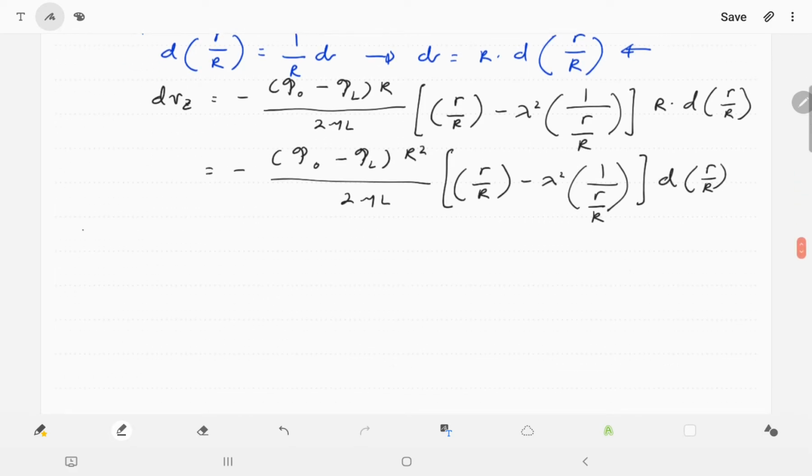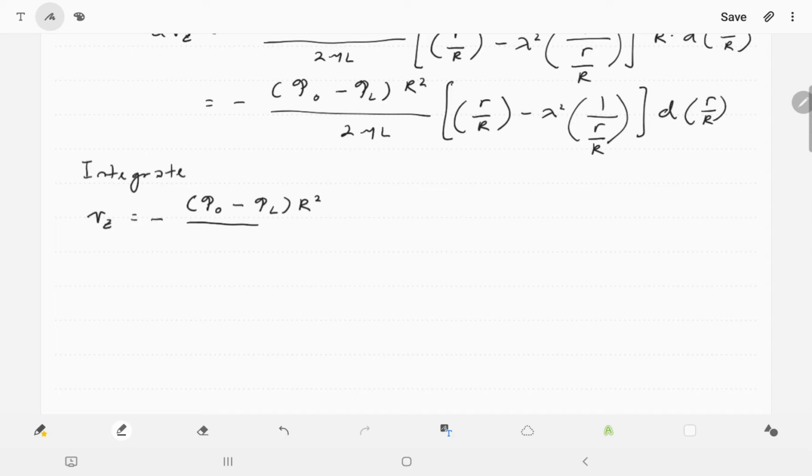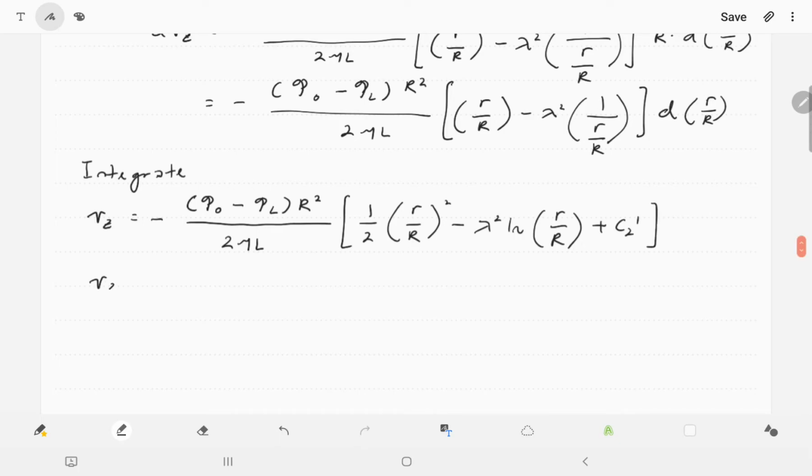Then we can integrate, and continue again.